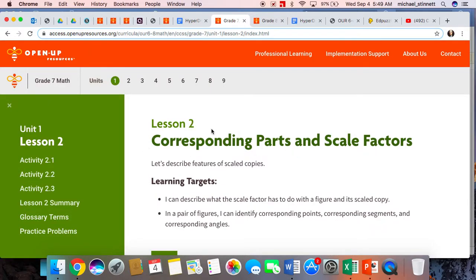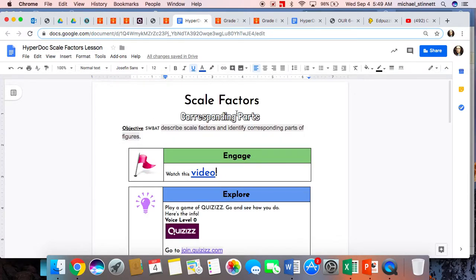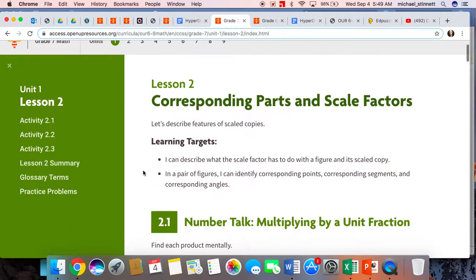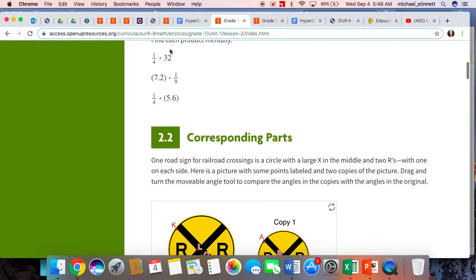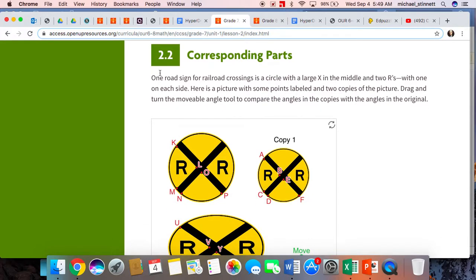And then we're going to go down and look at this. So we see the title here, and it's the same title as on your HyperDoc. If you went back and looked at your HyperDoc, you would see that. And just real quick, I'll scroll up: scale factors, corresponding parts. All right. But if we're in lesson 2, we didn't do that number talk. We might do it later. But you guys, we did do this, our corresponding parts.